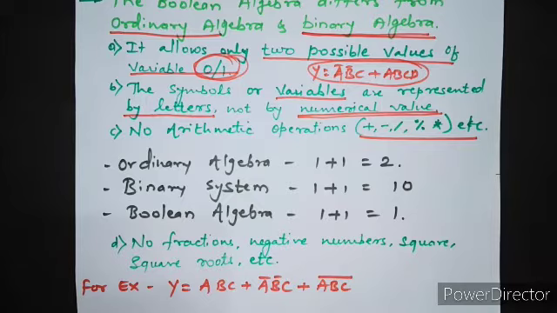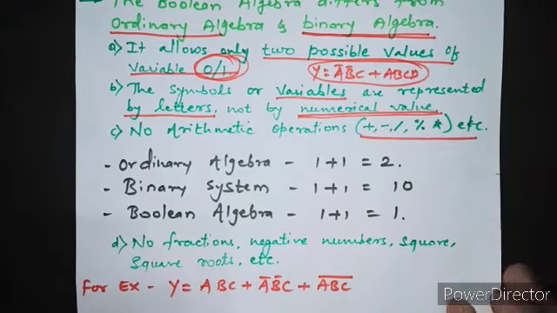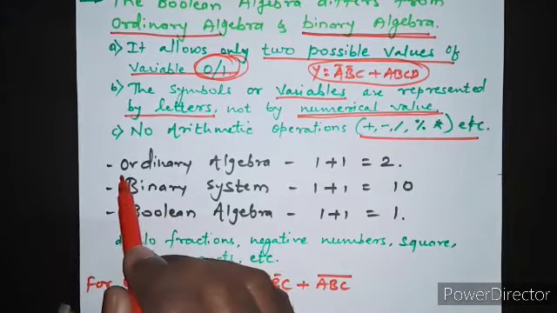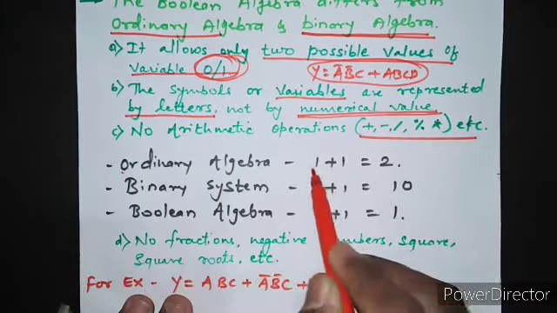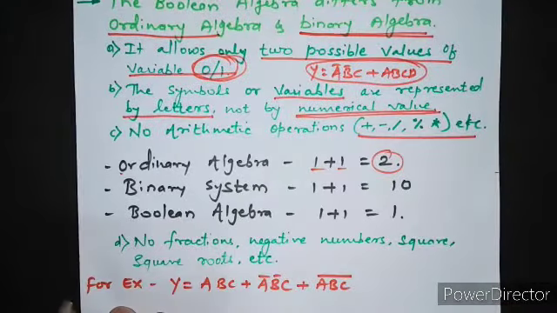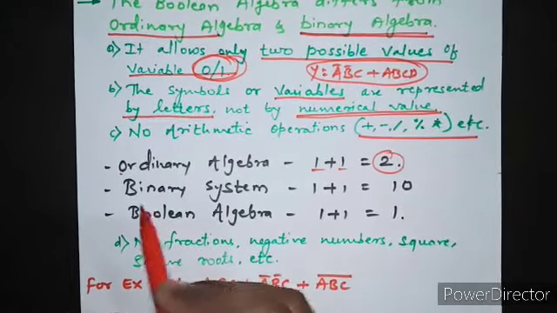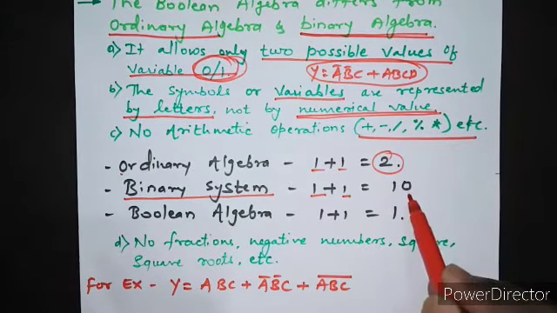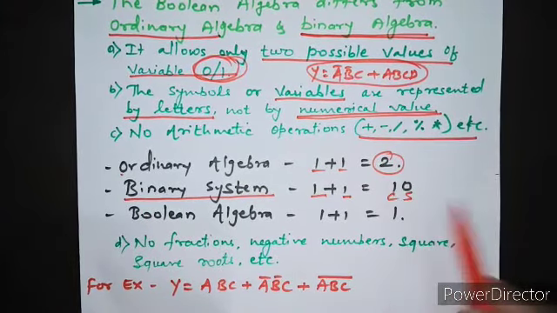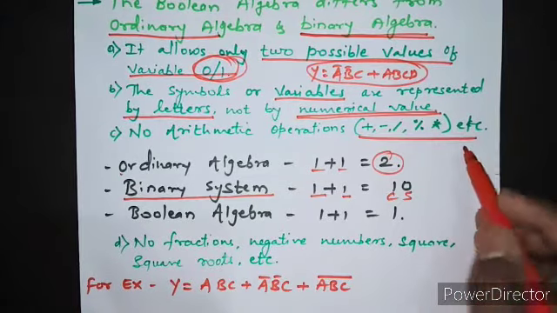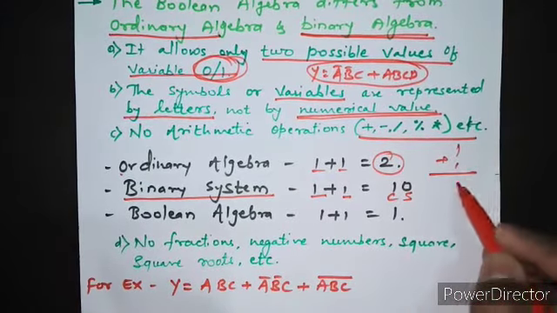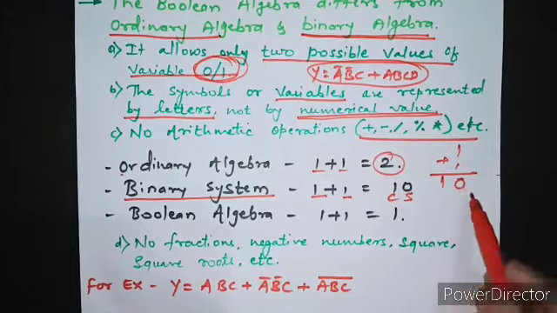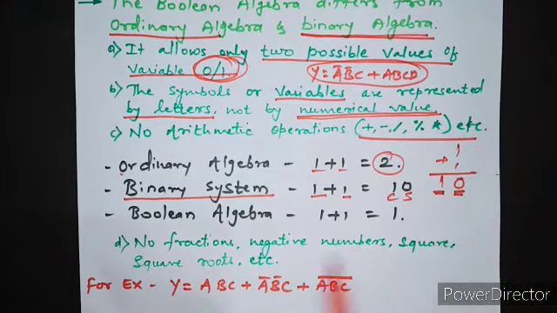So here we are going one level up. In ordinary algebra we have 1 plus 1 is 2. In the binary system we have seen 1 plus 1 gives sum 0, carry 1.